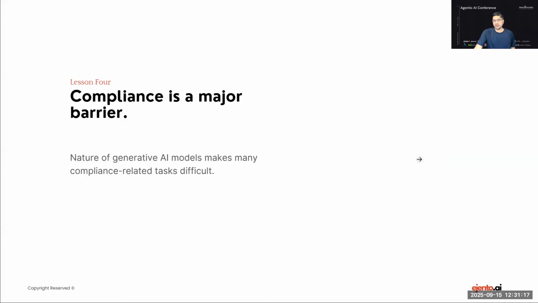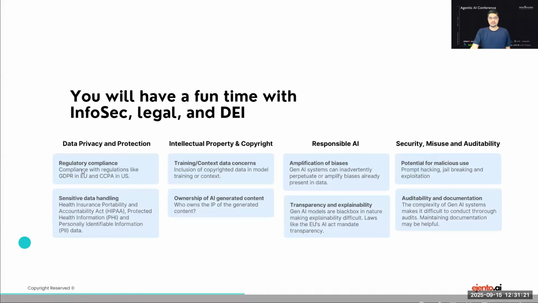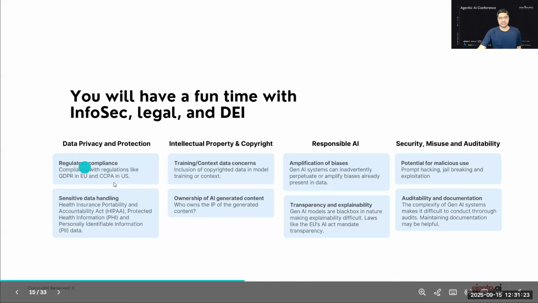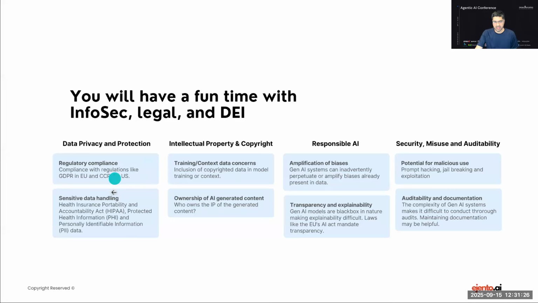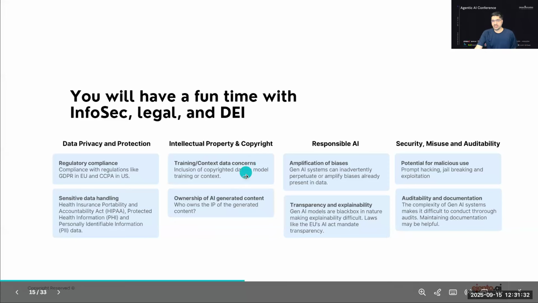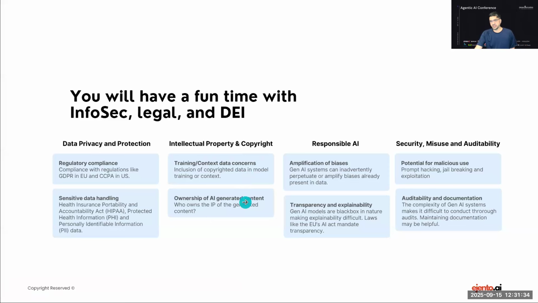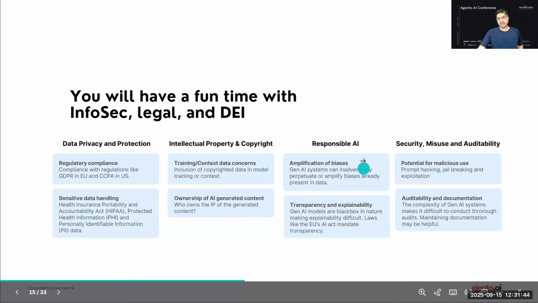So the nature of AI models is actually making compliance-related tasks very difficult. You have data privacy and protection issues, some regulatory compliance problems, sensitive data handling problems. You have intellectual property and copyright. The data that you, or the content that you consume, and the content you create, copyright and intellectual property issues around that.